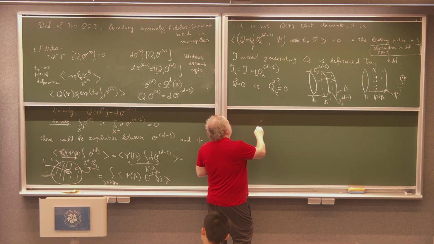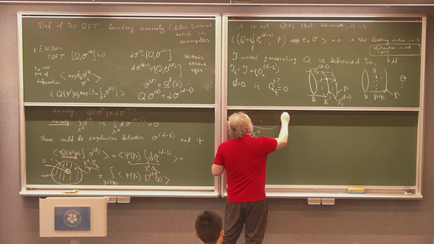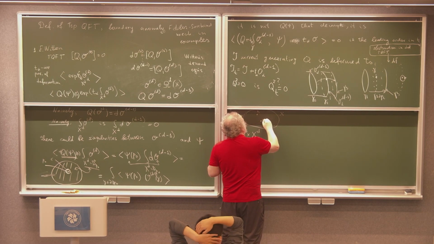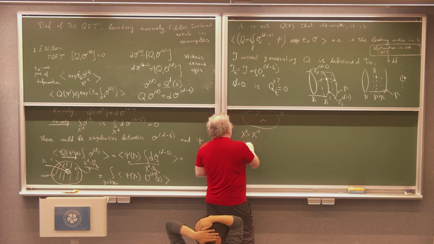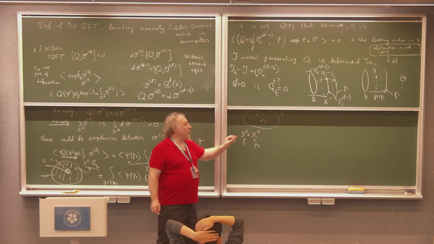The answer is the following. You have 2x. And you have 2 points, P1 and P2.